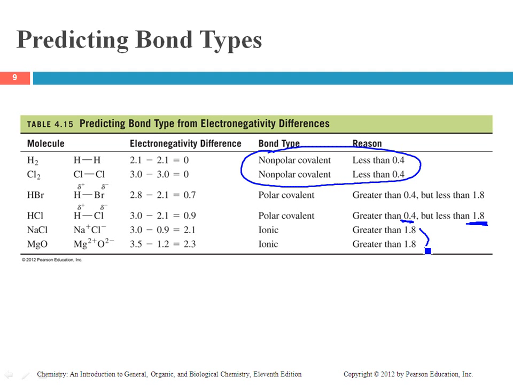This is the cutoff. I wouldn't try to give you ones that are right on, or hopefully they'll be obvious to you. But 0.4 or less is nonpolar covalent, greater than 0.4 but less than 1.8 is polar covalent, and ionic is greater than 1.8 electronegativity difference. And once again, polarity is based on electronegativity.